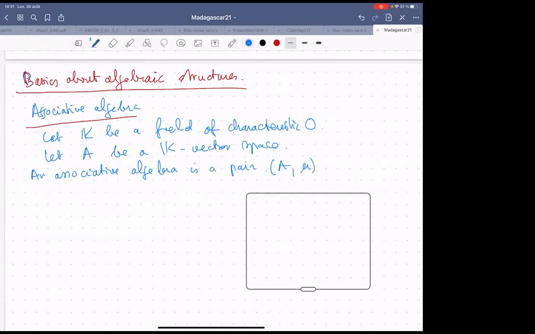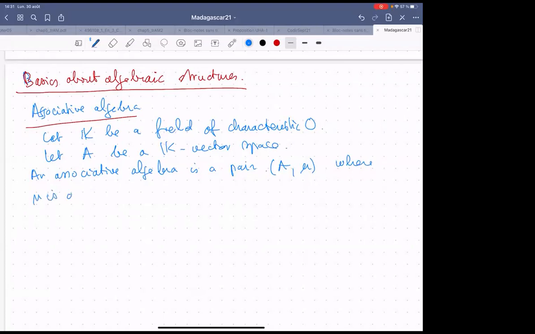A is already fixed as a K vector space, and mu is a bilinear map, mu going from A tensor A to A, such that we have the two following conditions.